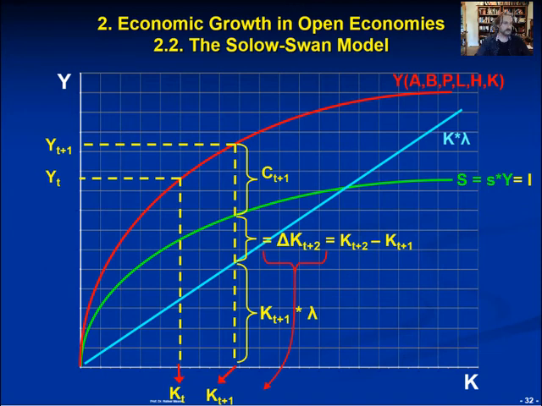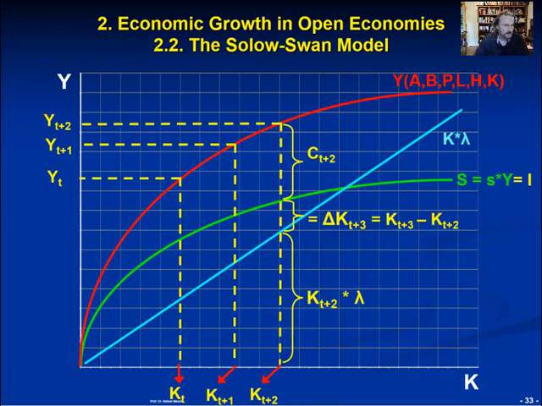If we add this new net investment level to the capital stock KT plus 1, so this vertical bracket has to equal once again this horizontal bracket, then we find the capital stock in the period T plus 2. So this is then the new capital stock, T plus 2.